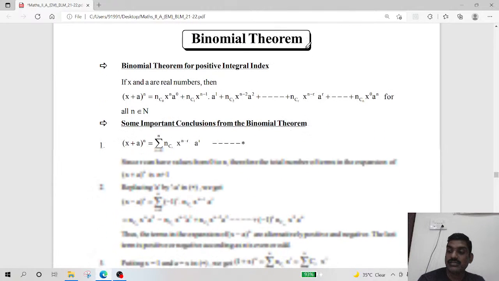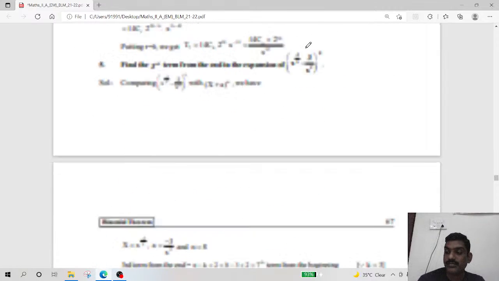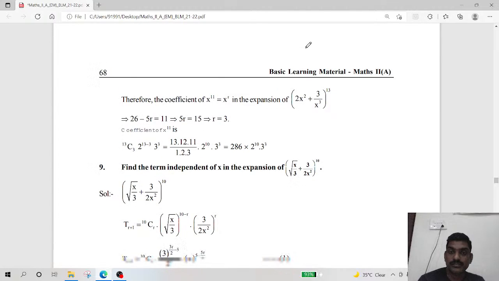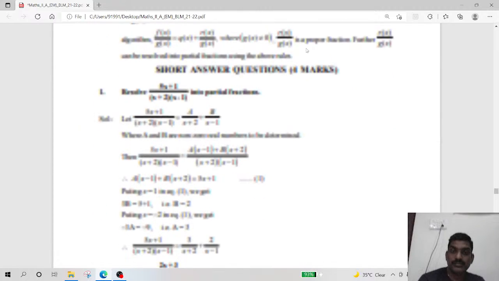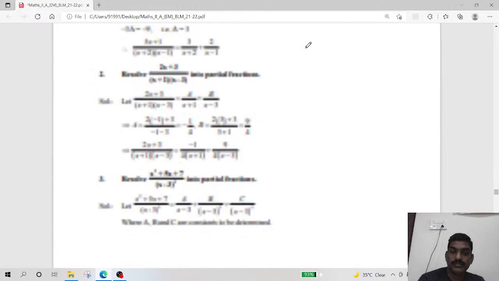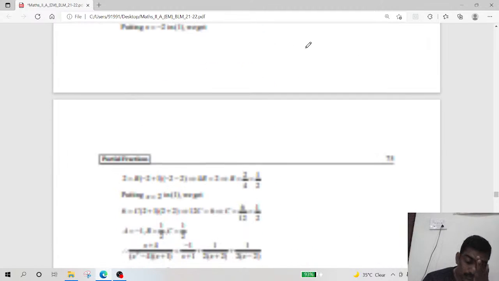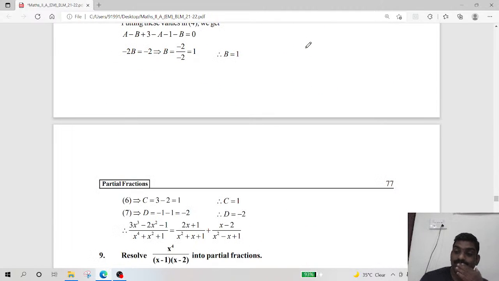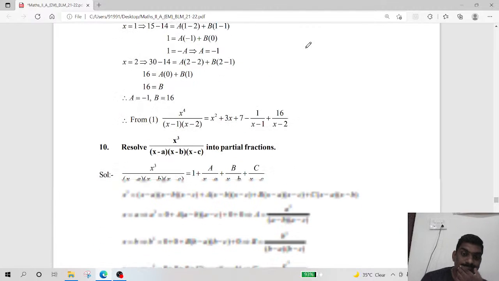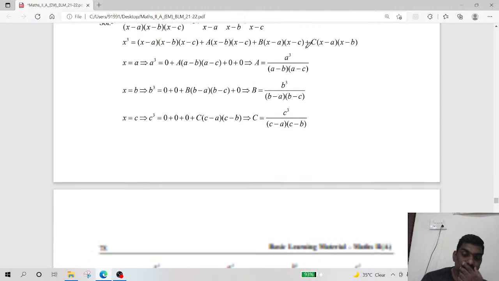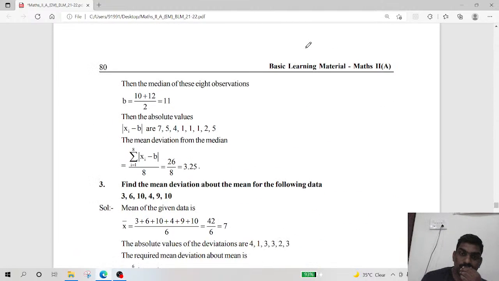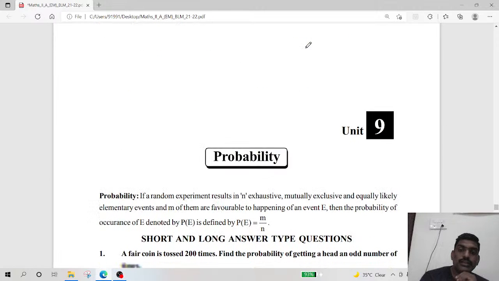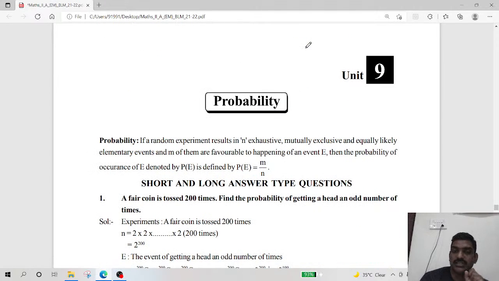Our next topic is probability, the last topic. Probability also has only simple, basic concepts.